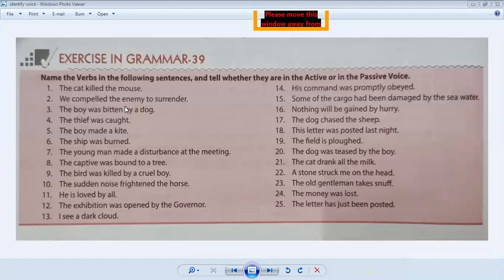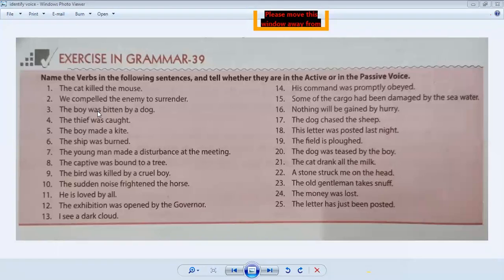Here, the boy is the receiver of the action. So this becomes passive voice. So even if I remove by a dog, if I just give you the boy was bitten, just by looking at the form of the verb, you should understand the boy is not doing this action. The boy is the receiver of this action. So that is why this becomes passive voice.